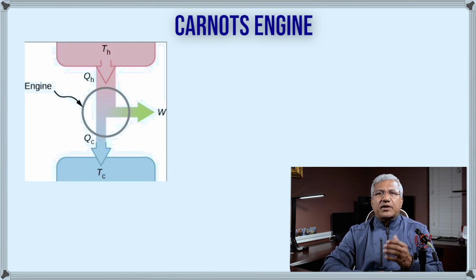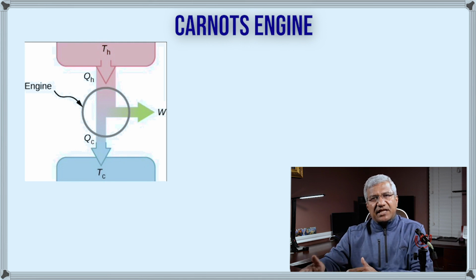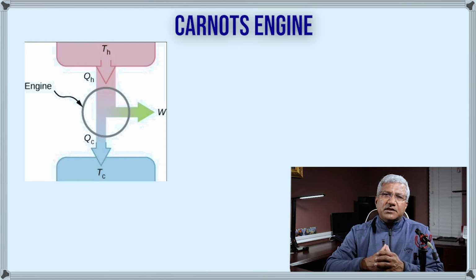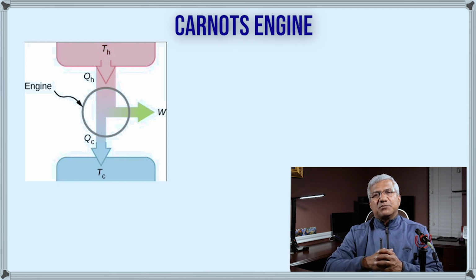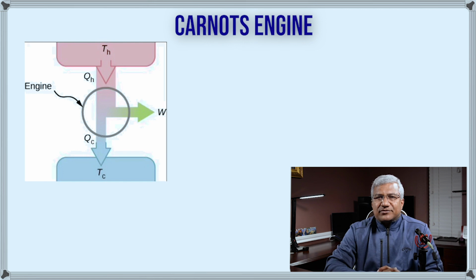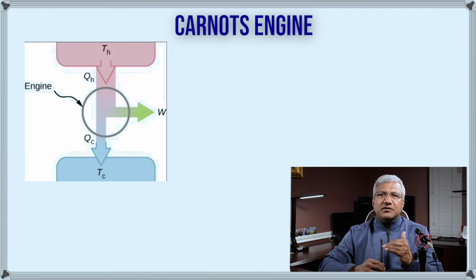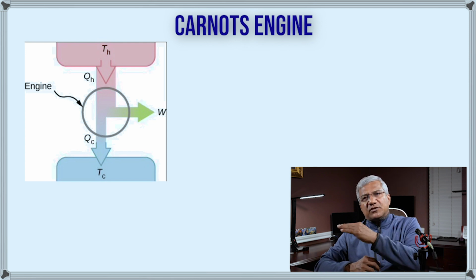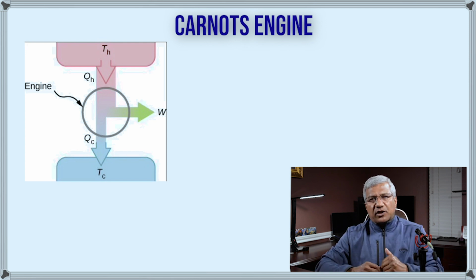For example, if 1,000 joules of heat is taken from the source, from the hot object, and if 400 joules is given to the sink, that means 600 joules has been converted into work, right? So 1,000 is taken, 600 is converted into work, and 400 is given out to the cold object.